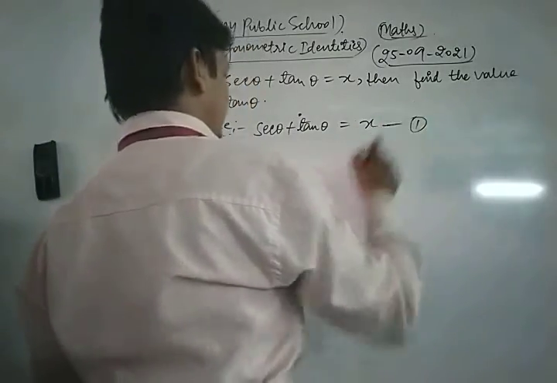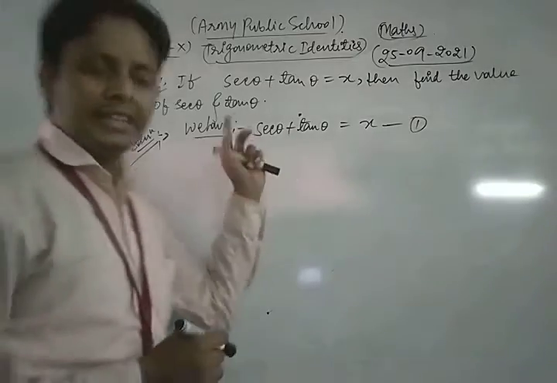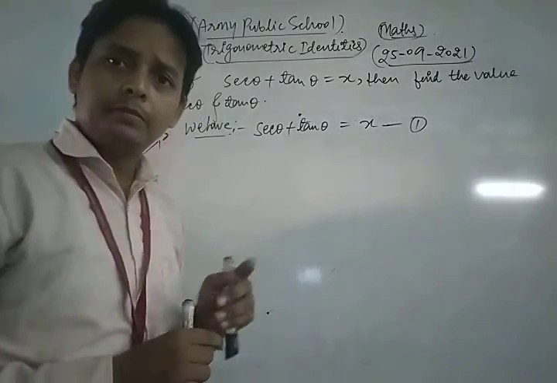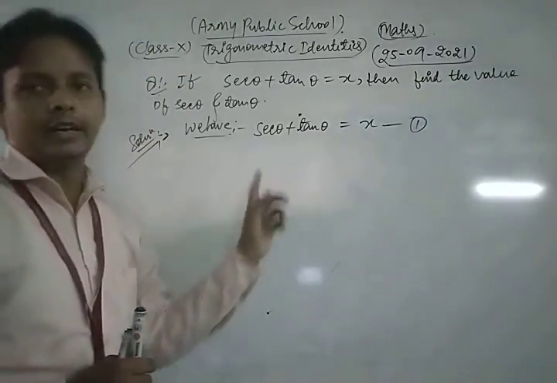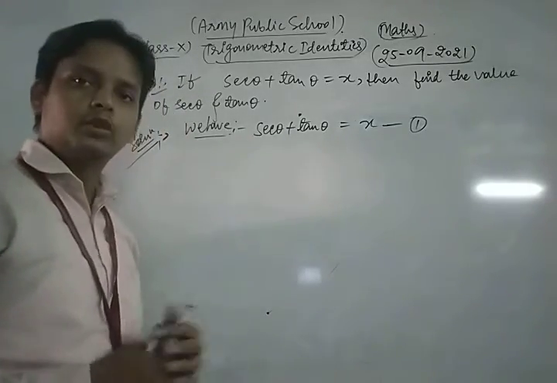Take this as equation number 1. Now look, dear students, first of all in the left side of the given identity we multiply both the numerator and denominator by the conjugate of the numerator.